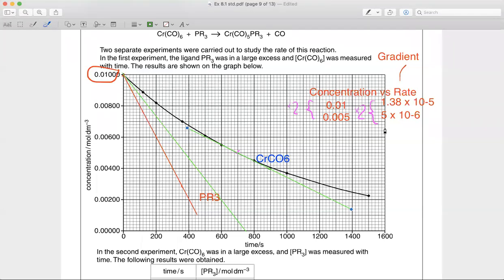Is 3.76 times 10 to the power negative 6. What did you get? 3.76 times 10 to the power of? Negative 6. Minus 6. Okay. So in that case, it would be 1.38 times 10 to the power of minus 5.